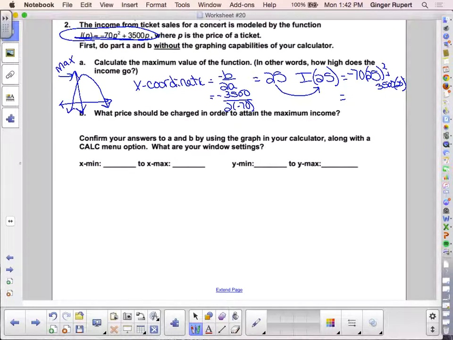And you should get $43,750. So what you're doing is finding the maximum where the vertex is. That's where the maximum value is. So the maximum income is $43,750, and that is a result of a ticket price of $25.